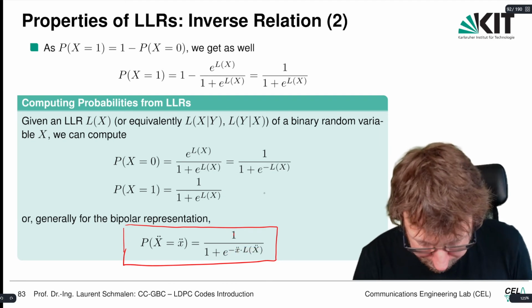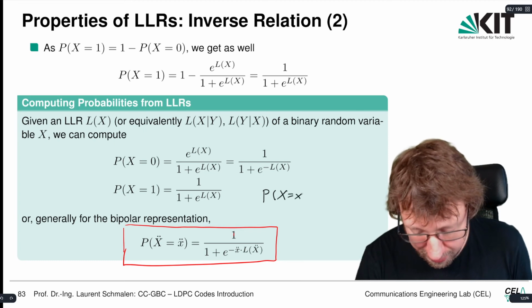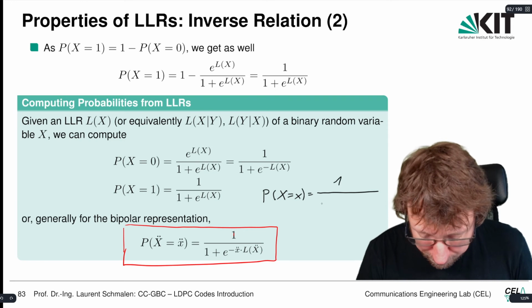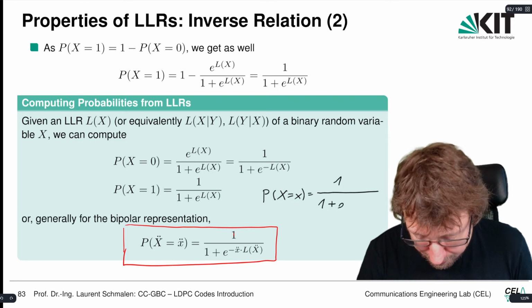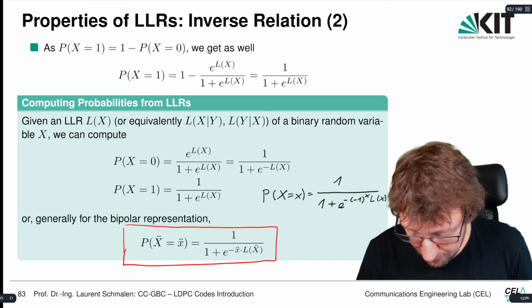Or, if you don't like the double dots, the probability of x, where x is binary, is 1 divided by 1 plus e to the power minus 1 to the power x times L of x.